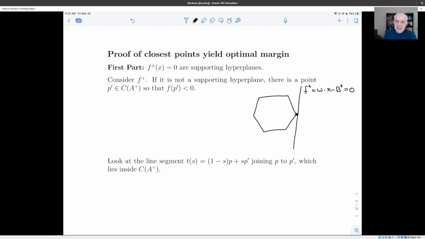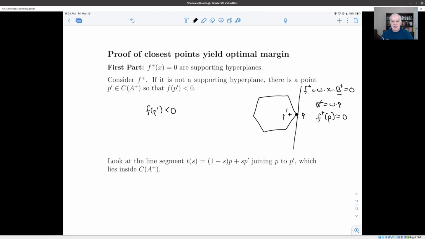If this isn't a supporting hyperplane, then there has to be a point in the convex hull, call it P prime, where F of P prime is negative. We already know that the hyperplane runs through the point P, because we constructed it that way: B plus is W dot P. So F plus of P, which is one of these closest points, is 0.